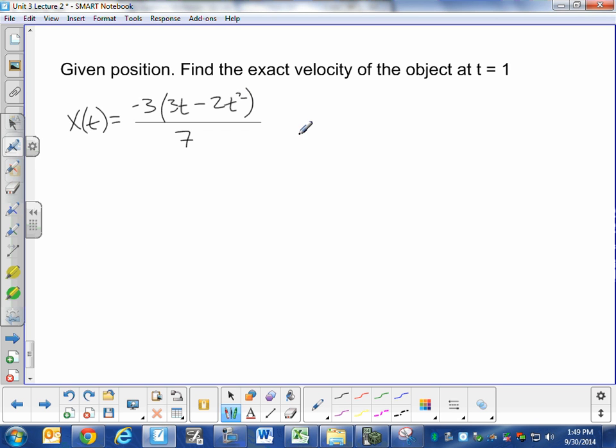We need to find velocity at 1. I know the derivative of position is velocity, the instantaneous change of your position. So we need to be looking to find v of t. Now notice, yeah, we have a quotient. Did I mess it up? Let me make sure I didn't mess it up. Yep, there should be a t down there.